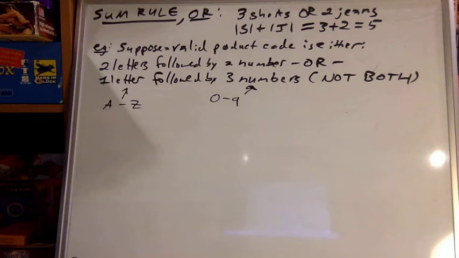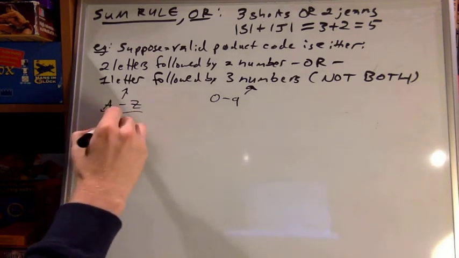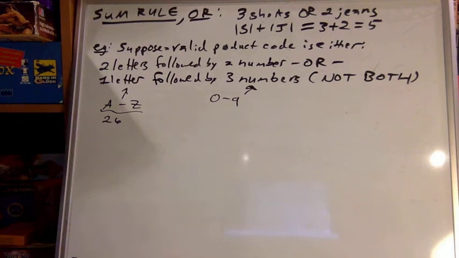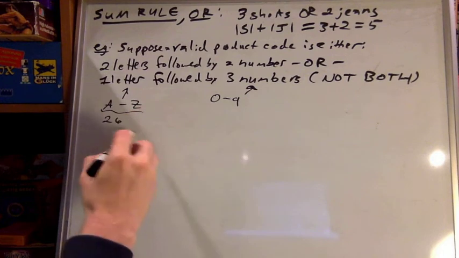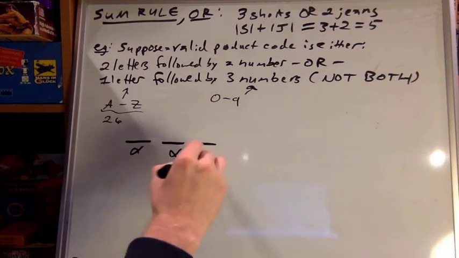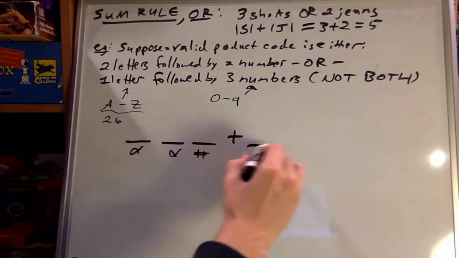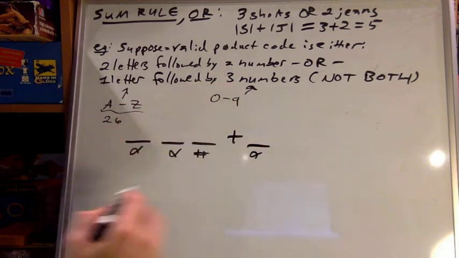Okay, so how many letters are there? Remember, there are 26 total letters. That's something that students of this class tend to forget sometimes. So how do we do this? Well, I've either got to follow the first routine or the second routine. So for the first, I've got letter, letter, number, or I've got letter followed by 3 numbers.